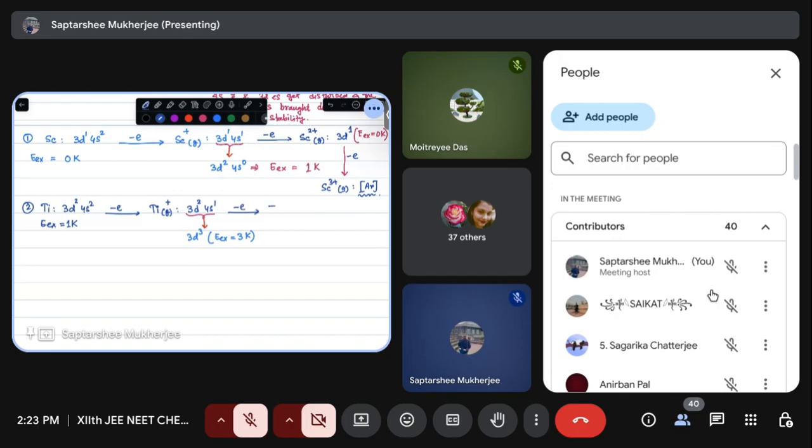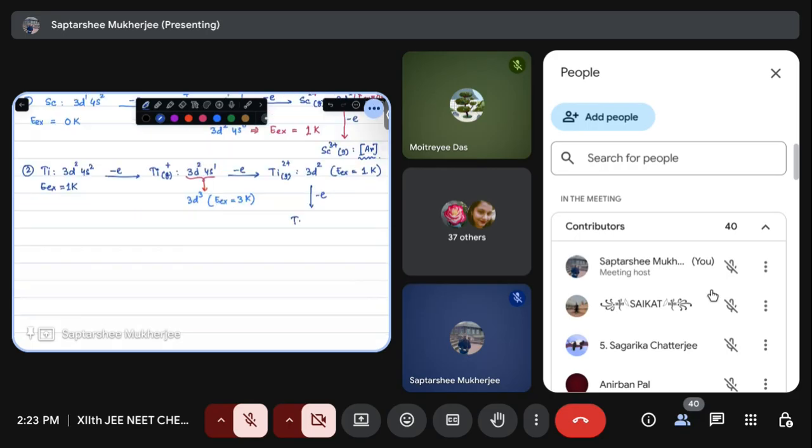Another electron removed, so titanium plus 2. It is supposed to become what? 3d2. What is the exchange energy now? Again 1K. Can you guys follow? Another electron if I want to remove: titanium plus 3.